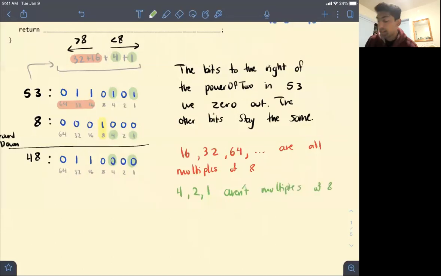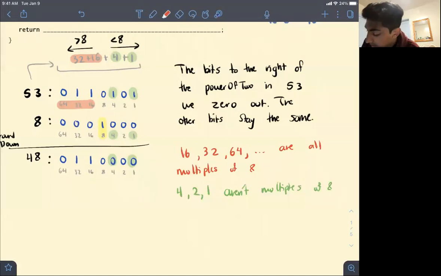multiples of 8, right? So if we're trying to take some number like 53 and we want to round it down to a multiple of 8, all we need to do is keep the bits at these red spots, right? So if we're looking at 53, notice that 64, 32, and 16 are all multiples of 8, in addition to 8 itself, right?